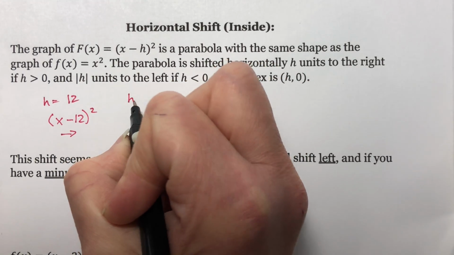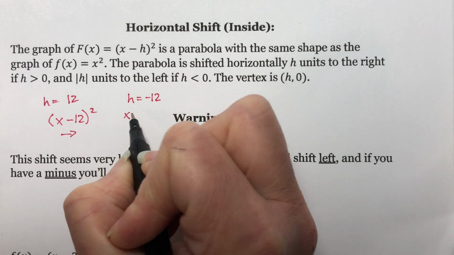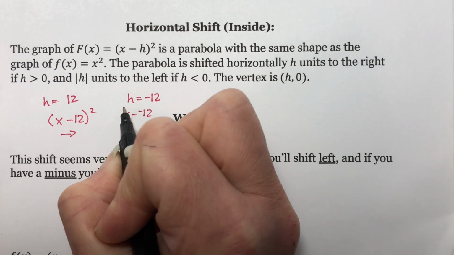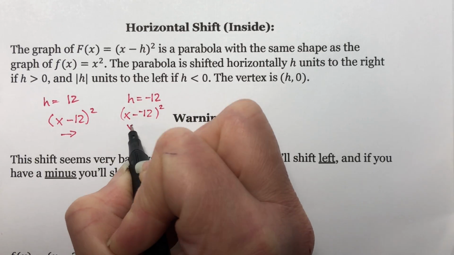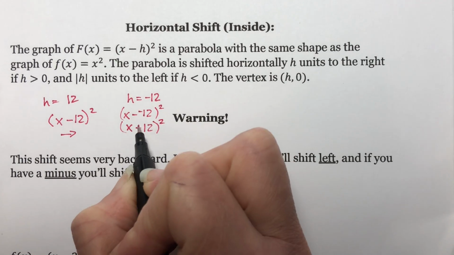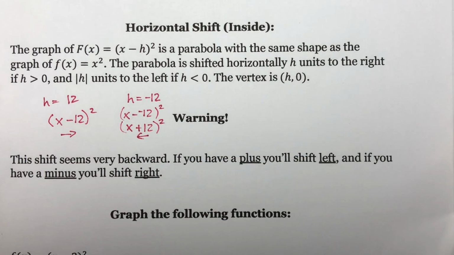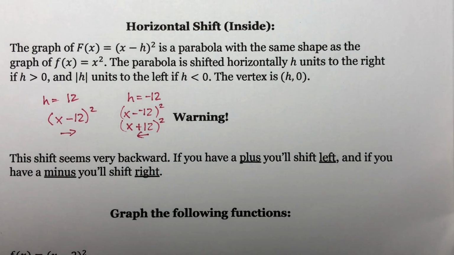If my h is negative 12, and I plug it in here, that's x minus negative 12 squared, which simplifies to x plus 12 squared. Even though it looks like a plus, my h is negative, and I'm going to be moving to the left. So mainly you need to remember that this seems very backwards.